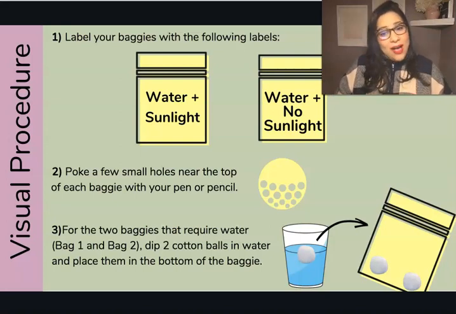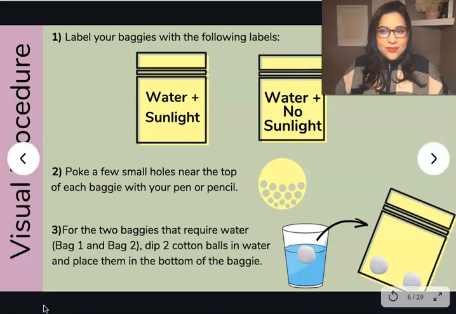But if you don't have the materials at home and you aren't able to get these, that's totally fine because I have provided some virtual data that you can use to set up your data table. I want to make sure that you guys are all able to immerse yourself in this experiment, whether you have materials or not.